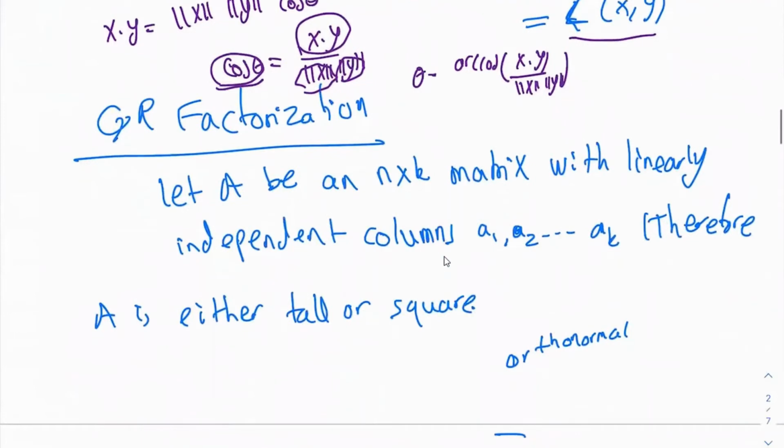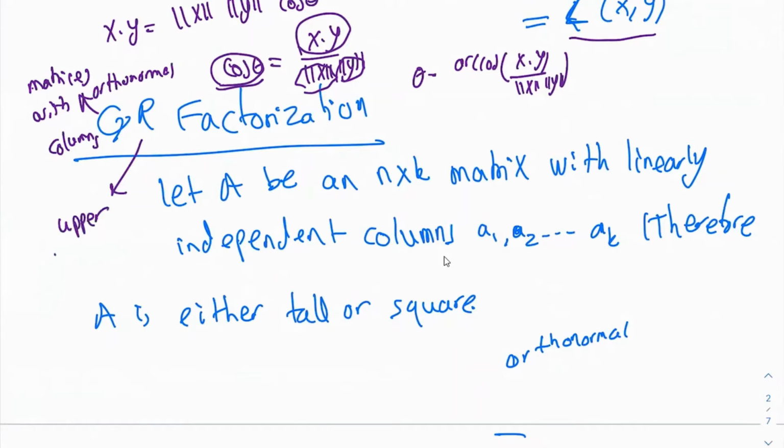Now let's talk about the QR factorization. So let me just tell you what the QR is. The Q in the QR refers to matrices with orthonormal columns. They don't have to be square. And R is the upper triangular matrix.